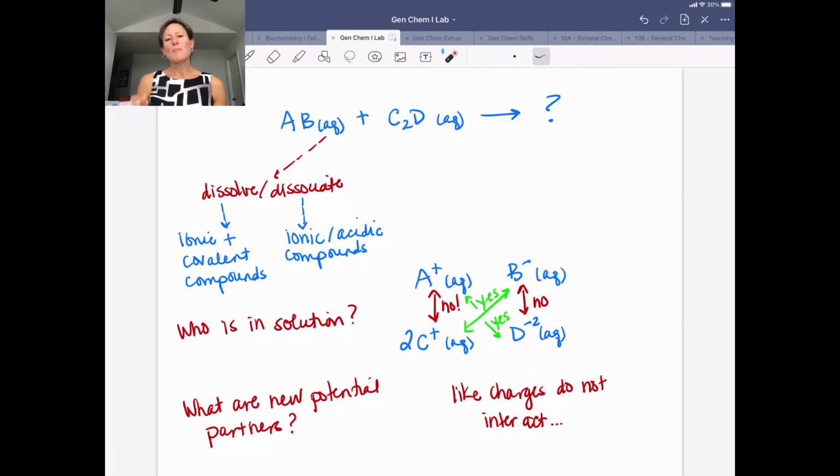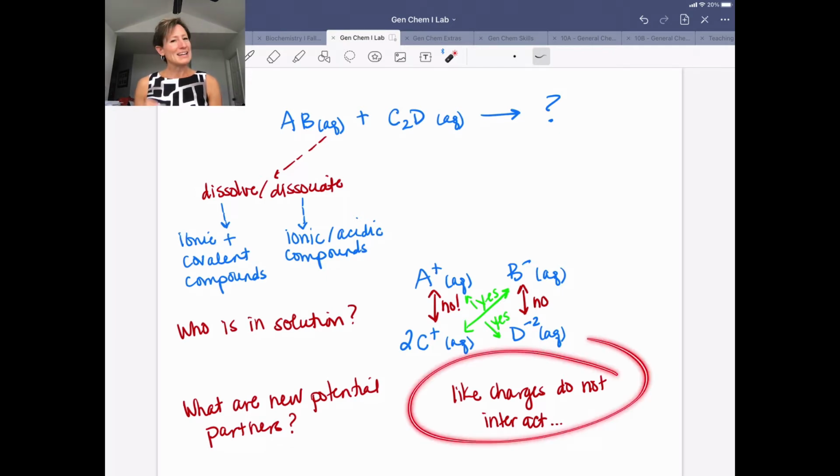And right now, I'm not too worried about the stoichiometry or the number of ions that I have for each, but when all of these are in solution, remember that we can have new interactions form with cations and other anions. We're never going to have two cations interact with one another, and we're not going to have two anions interact with one another. So we ask the question, with these new possible pairings, do we do some interesting chemistry?